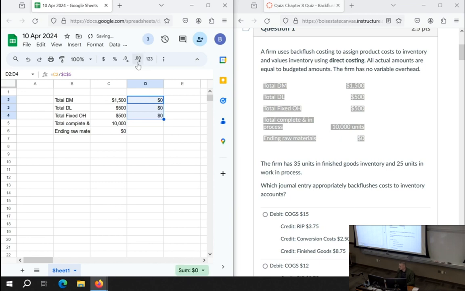I've got to expand. There we go. All right, so per unit, we have 15 cents for direct materials, 5 cents for direct labor, and we would have 5 cents for fixed overhead. In fact, let me go ahead and delete that, not a product cost.